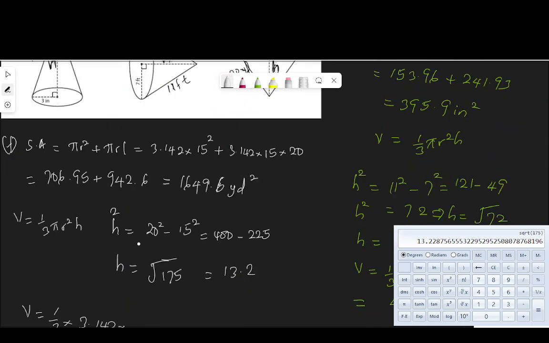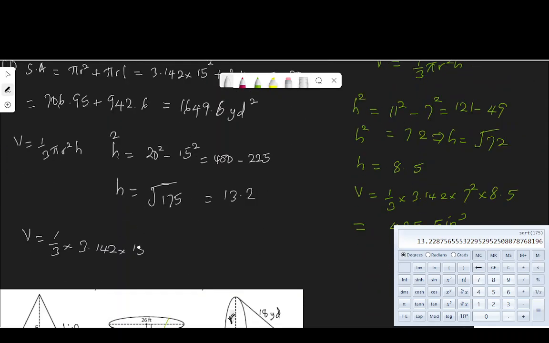The radius is 15, so 15 squared times the height, which is 13.2. 15 squared is 225. 225 times 13.2, and then divided by 3.